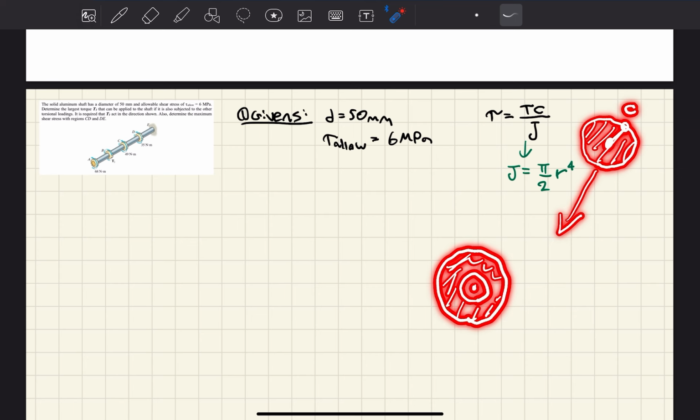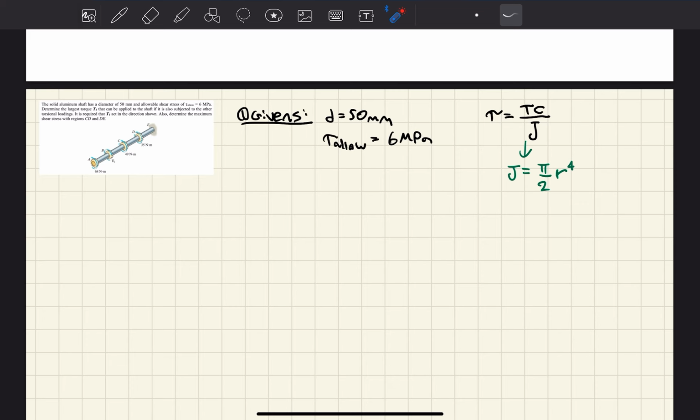Your C is still your distance from the center axis of your shaft all the way to the end, the outside diameter. So that's why we put C as opposed to R. But in this case, it's just R.